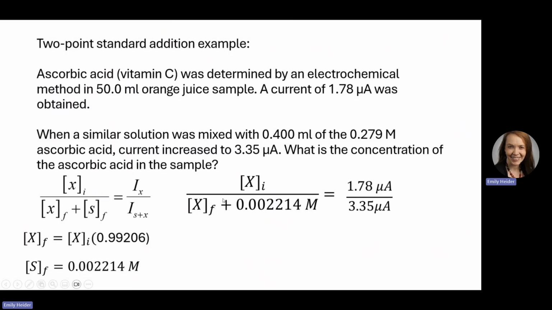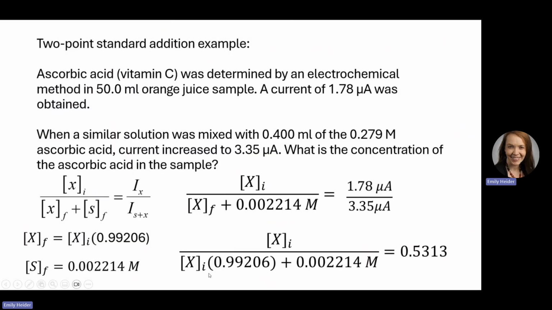So this looks like one equation with two unknowns, but remember x sub f and x sub i are related. On the previous slide, we decided that x sub f is going to equal x sub i times the dilution factor, and I can plug that into my equation here.